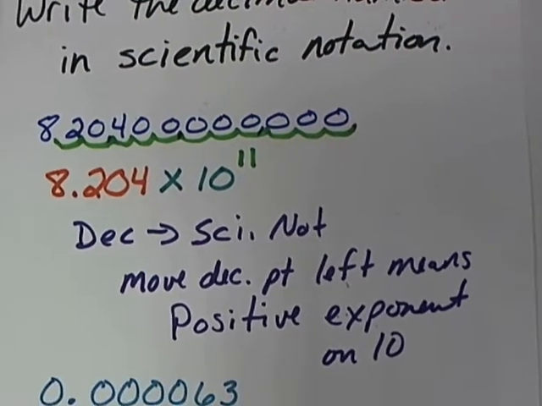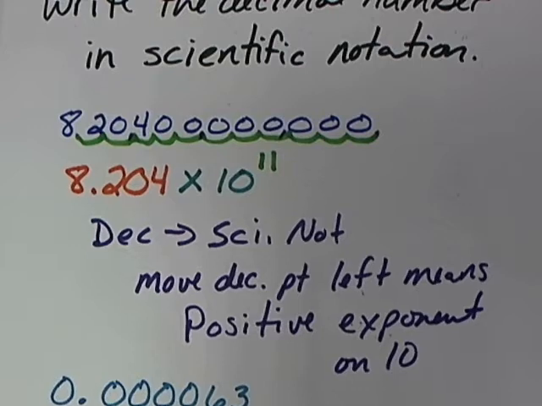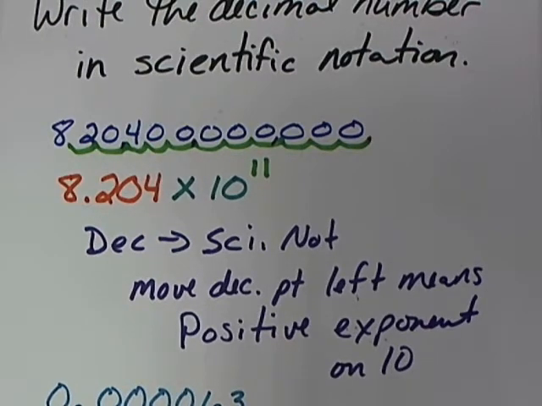Right. Before, when we moved it to the left, it was in the other direction. When we had scientific notation, we moved to the left when we had a negative. Now it's reverse.